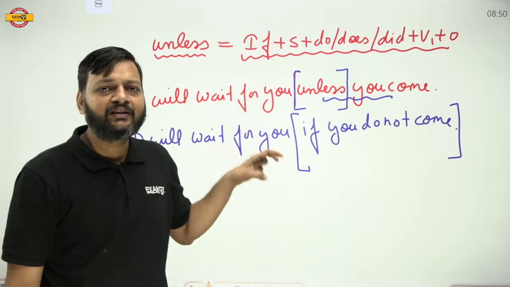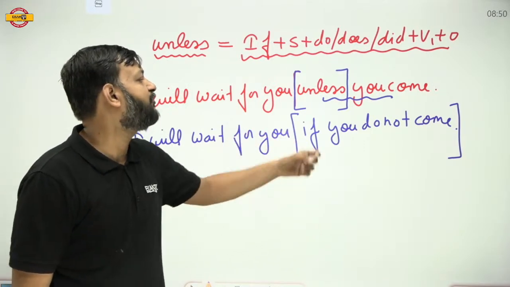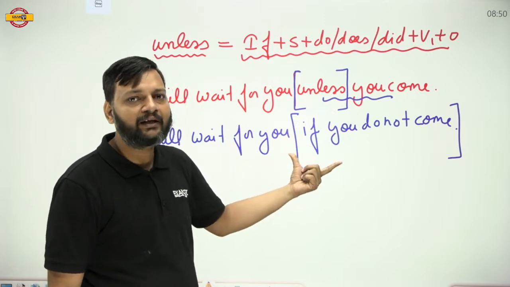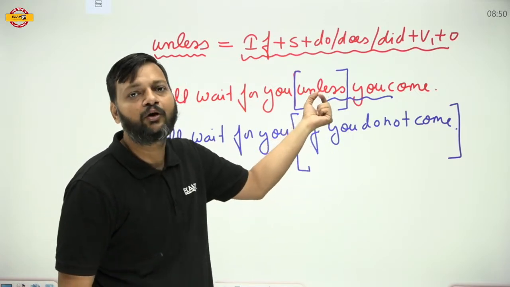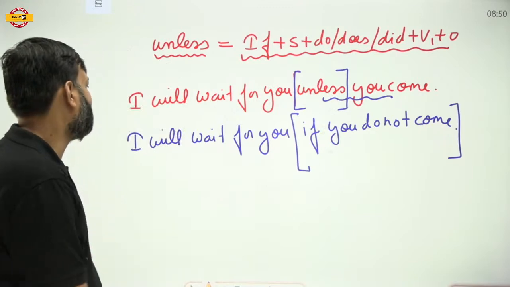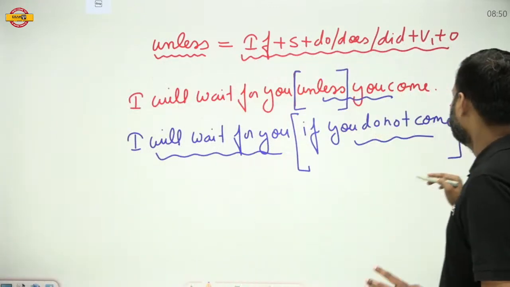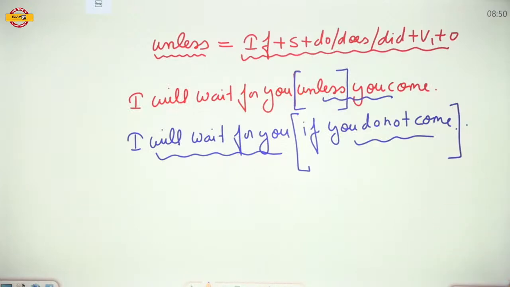Now, if the sentence is still correct, it means the use of unless is correct. And if this sentence is not correct, it means the use of unless is also not correct. Now read the sentence: I will wait for you if you do not come. Is this sentence correct?